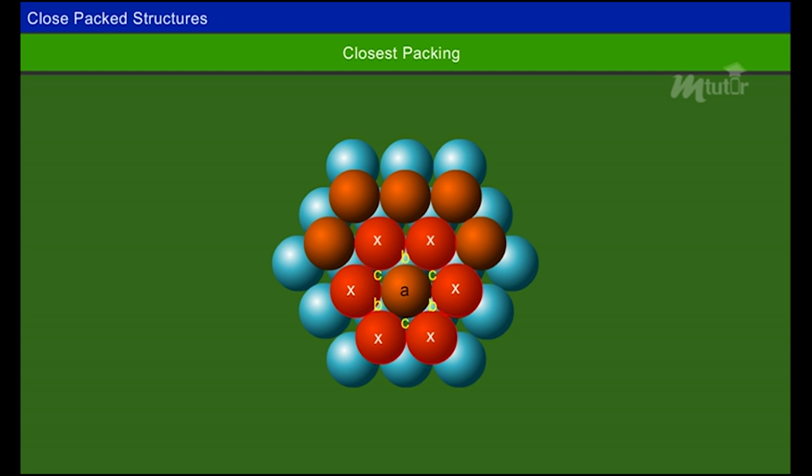Now, we see that around A, we have 6 depressions, which can be named B and C alternatively around A. Placing atoms on depression B does not allow atoms to be placed on depression C. Now, if we have to place the third layer, we can have two possibilities: either place the spheres above depressions of A or above C.